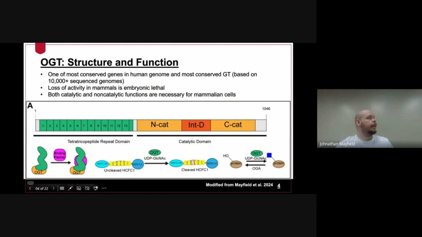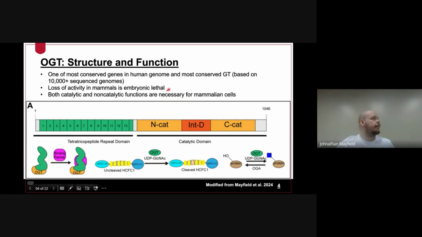And in terms of looking at humans versus other animals, whether that's mice, rats, even down to flies and worms, it's going to be very conserved as well. So across evolutionary history, this enzyme has been very important, and there's not been a lot of room for changes in the sequence of that enzyme, that protein.